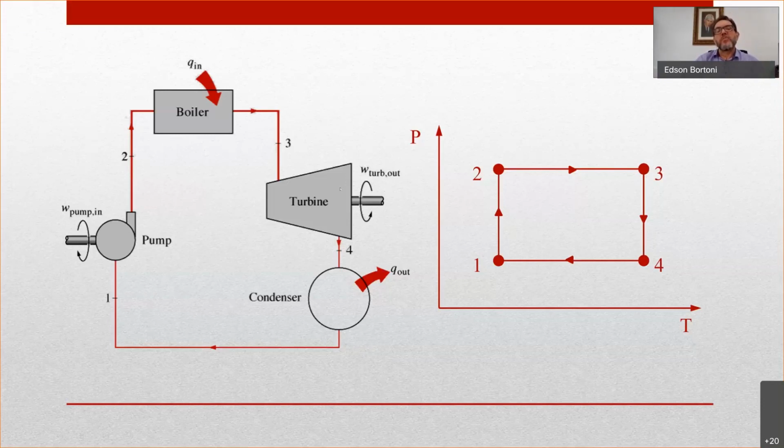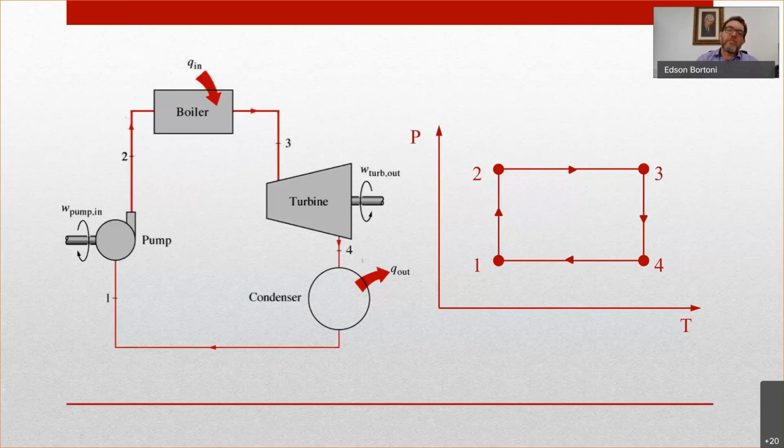You pass through a steam turbine and convert the energy in the steam to mechanical energy available in the shaft. So you go to point four because you used the pressure, at almost the same temperature.